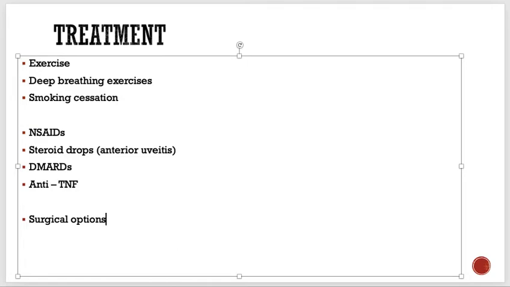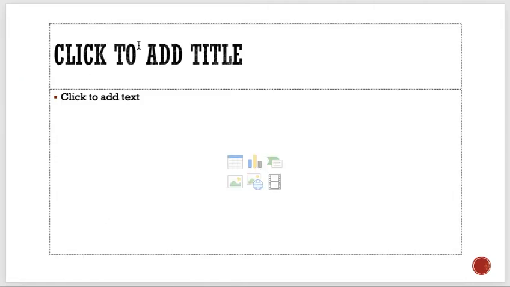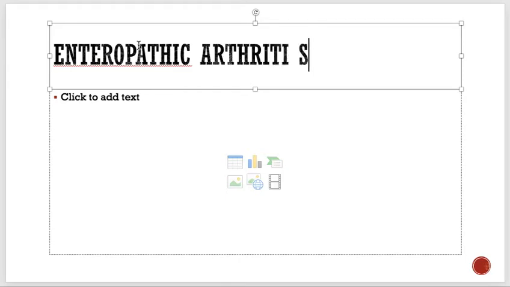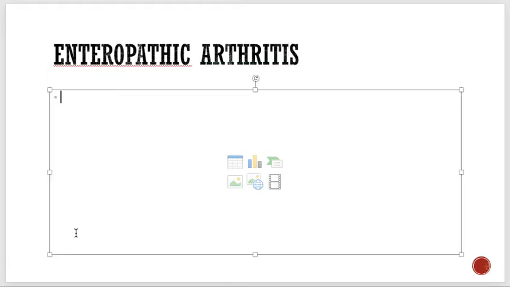The rest of the conditions are not so important, but okay, just three lines about each one. Enteropathic arthritis now. Intestines are there, right? So basically this kind of arthritis occurs in people who have inflammatory bowel disease, like ulcerative colitis or Crohn disease.